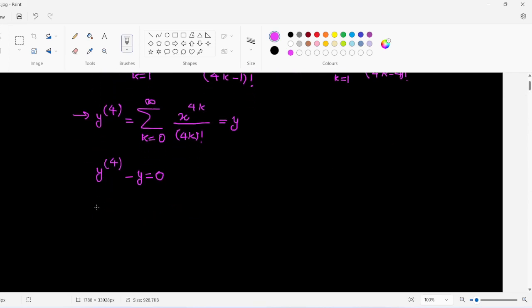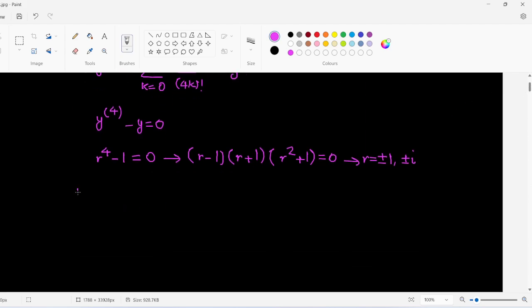The characteristic equation for this ODE is simply r to the fourth minus 1. And if we solve that for the roots, we can simply factor this as r minus 1 times r plus 1 times r squared plus 1, the roots of which are plus minus 1 and plus minus i.